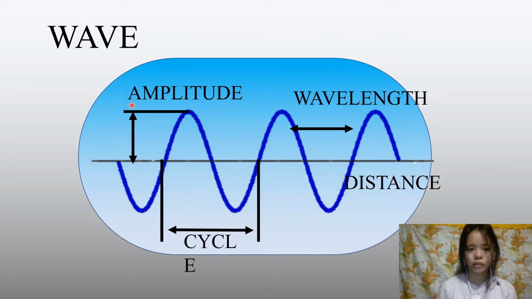Then amplitude is from the rest position up to the crest, or from the rest position down to the trough. From crest to crest, or trough to trough, it is the wavelength. And one crest and one trough is one cycle.